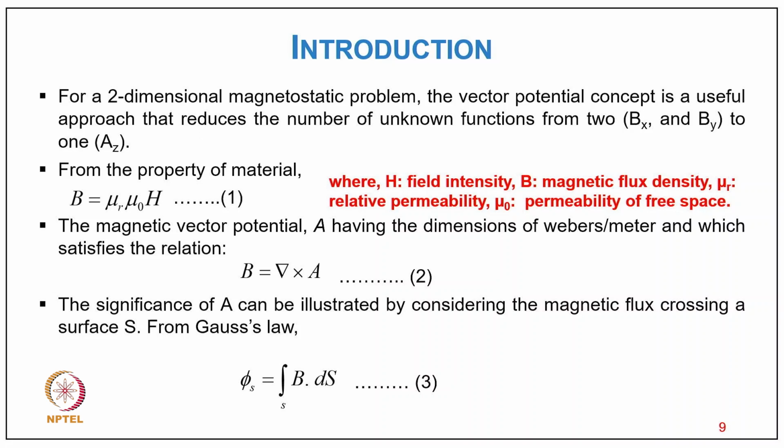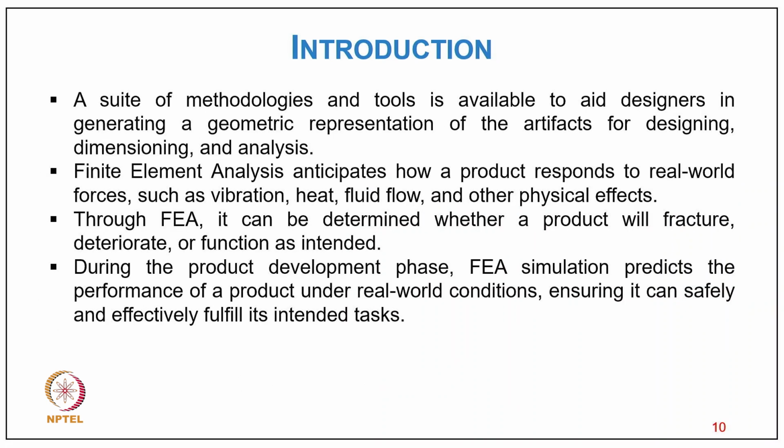The magnetic vector potential A, having dimensions of Weber per meter, satisfies the relation B equal to curl of A. The significance of A can be illustrated by considering the magnetic flux crossing the surface S, and from Gauss law, phi s equal to the surface integral over S of B dot ds.